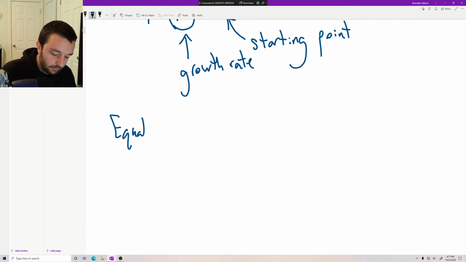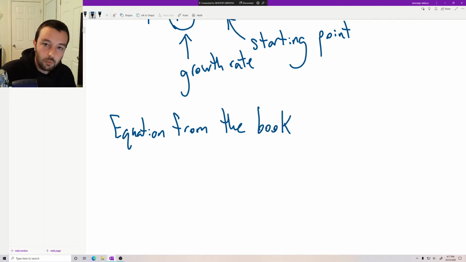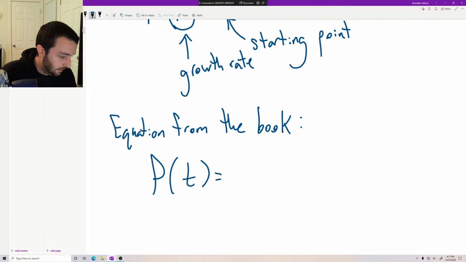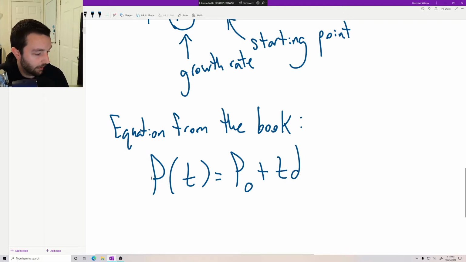The equation from the book is the same equation, it just uses different letters. It doesn't use y equals mx plus b. It uses p of t is equal to p sub 0 plus t times d.